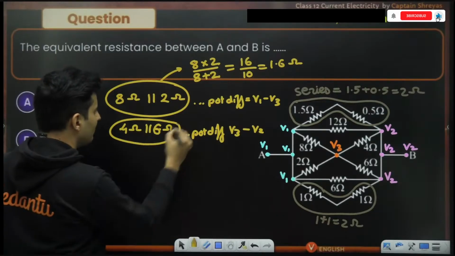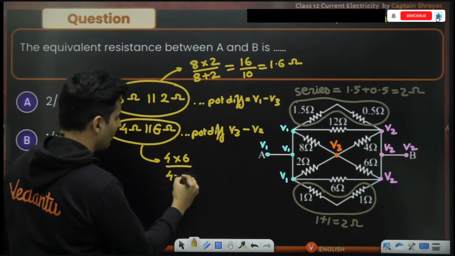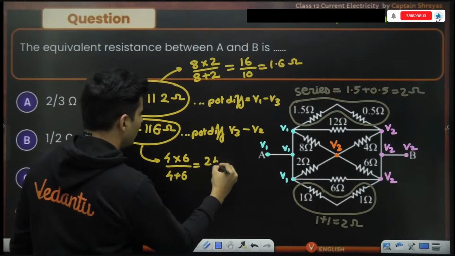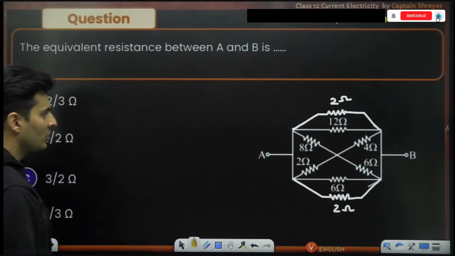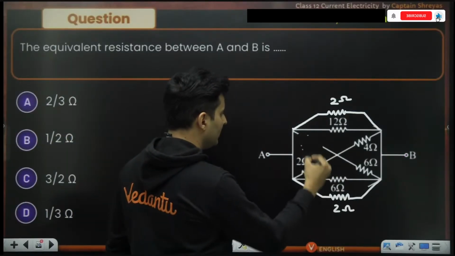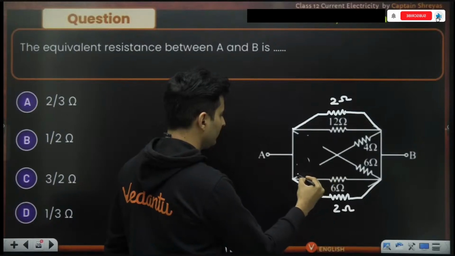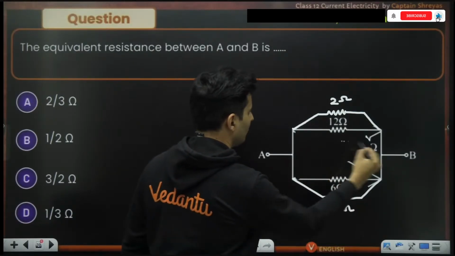Same thing, because they are in parallel, R1 R2 by R1 plus R2, so 4 into 6 by 4 plus 6, that is 24 by 10, which is 2.4 ohms. So I no longer need this.